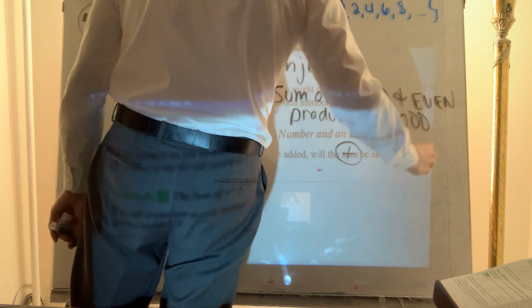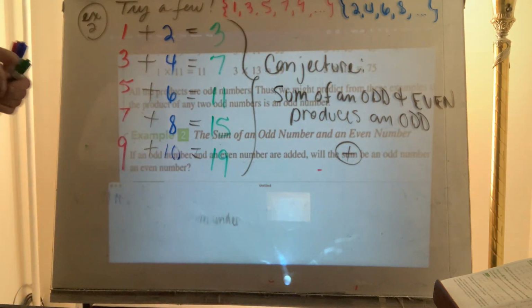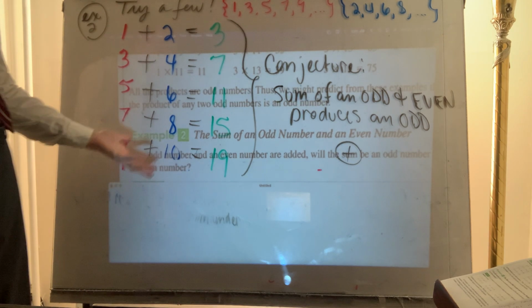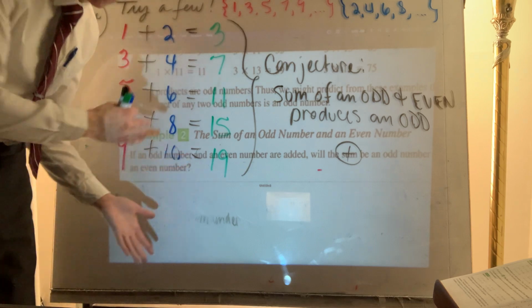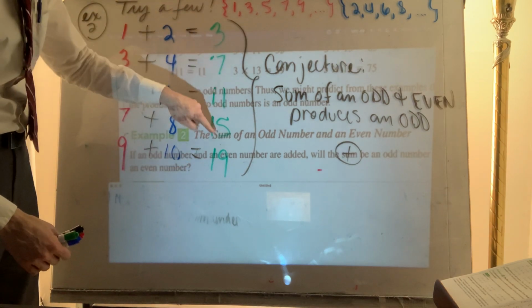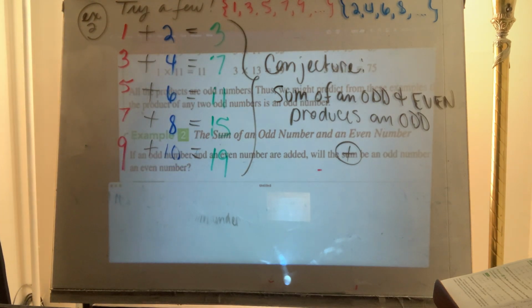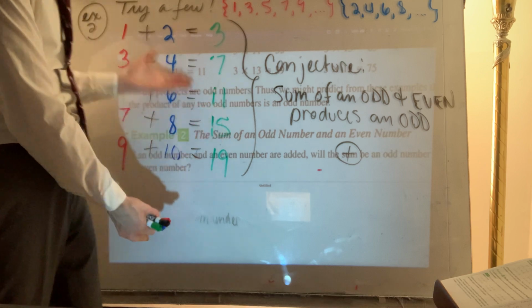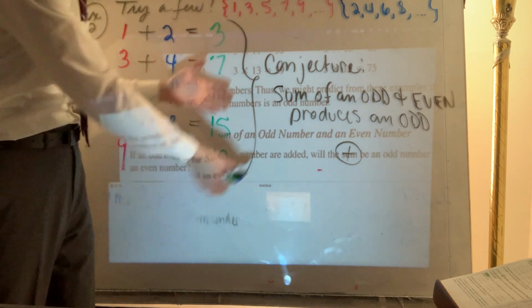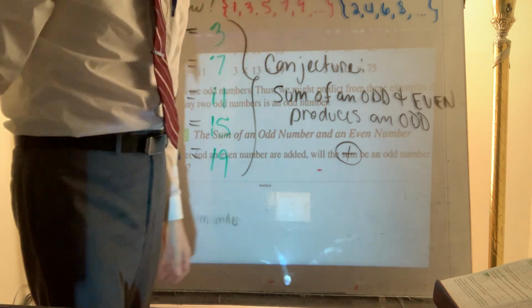That's what we would have to conclude just based upon these few examples, because these are in fact all odd outcomes here. This is again inductive reasoning because we're using specific examples to form a general conclusion.